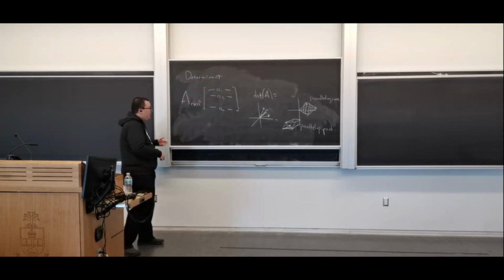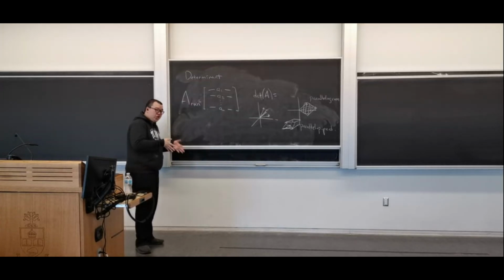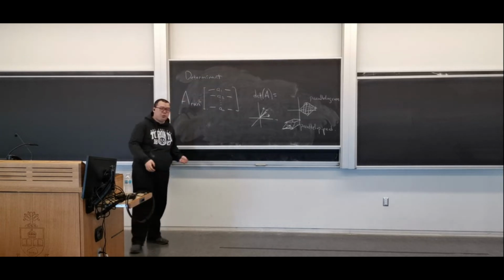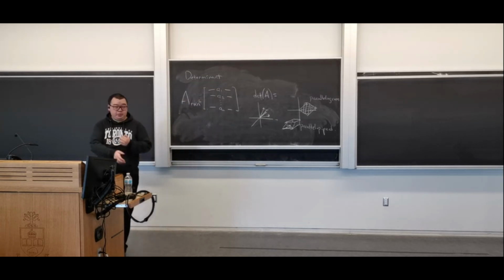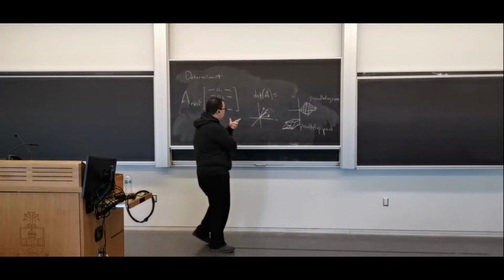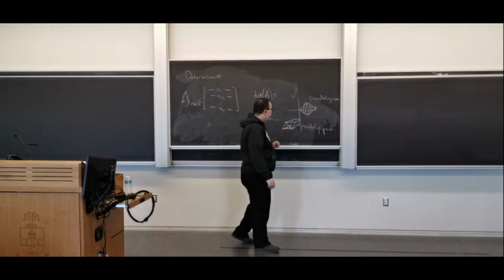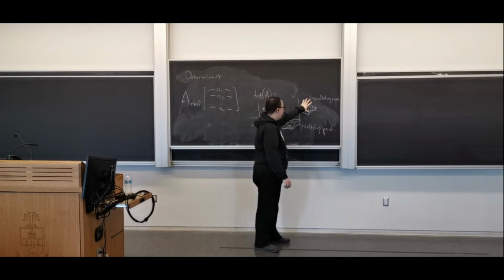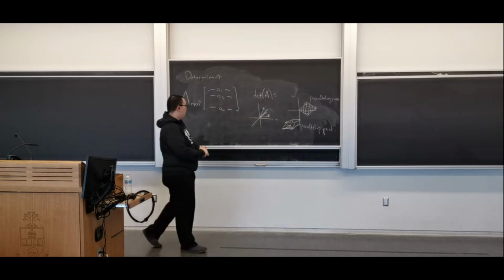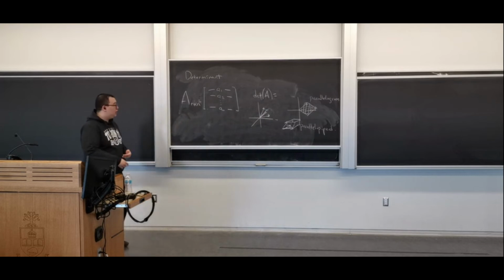How do I compare shapes? How do I quantify shapes? How do I use a single number to represent some characteristic about the shape? And that's kind of what determinant does. The determinant of a 2-dimensional matrix talks about the area. For 3-dimensional, it talks about the volume. For 4th-dimensional, it talks about the 4th-dimensional volume, and so on. So that would be the measure.